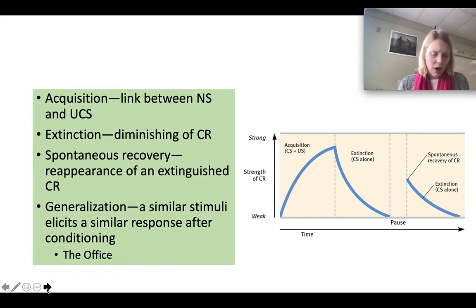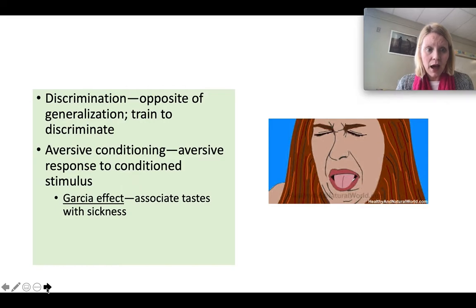Okay, so I think this is the last slide. Discrimination is the opposite of generalization. If you ring that bell, and then you put in a different type of bell, like the ding, ding, and the dogs would still do it, they would be generalized. It didn't matter what kind of neutral stimulus it was. Well, if it was a different type of stimulus and they did not respond, then they would be discriminating.